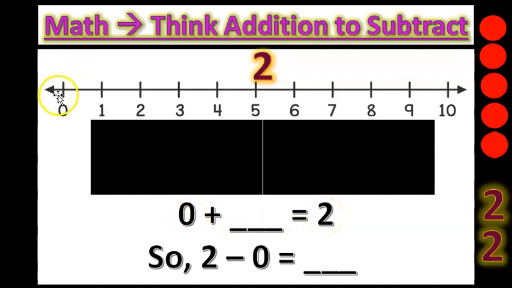Now, we're going to come up here to this number line. This first number is 0, so I'm going to have to find that up here on the number line. Now, we found 0 here. This number is 2, so we're going to have to find 2 also. Here it is right here. Now, we're going to have to jump till we get to 2. We are going to count by ones. Repeat after me.